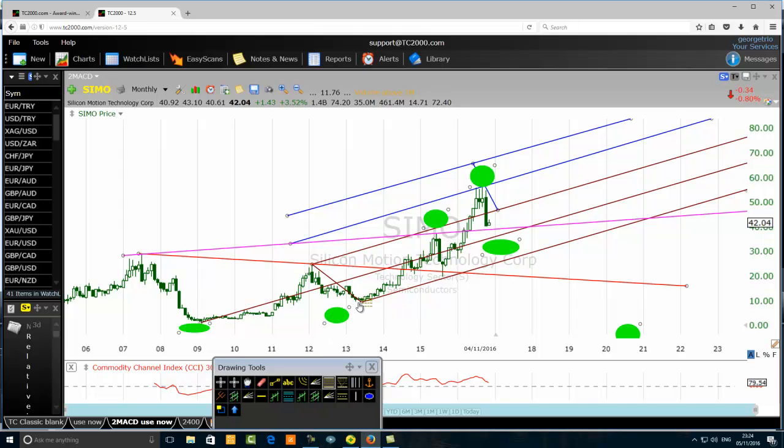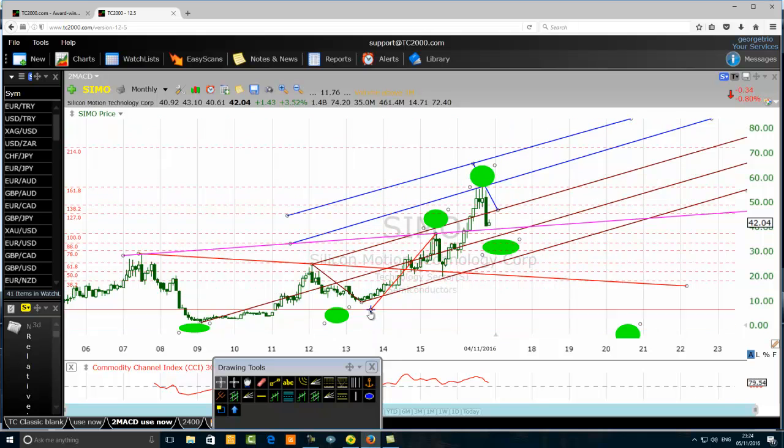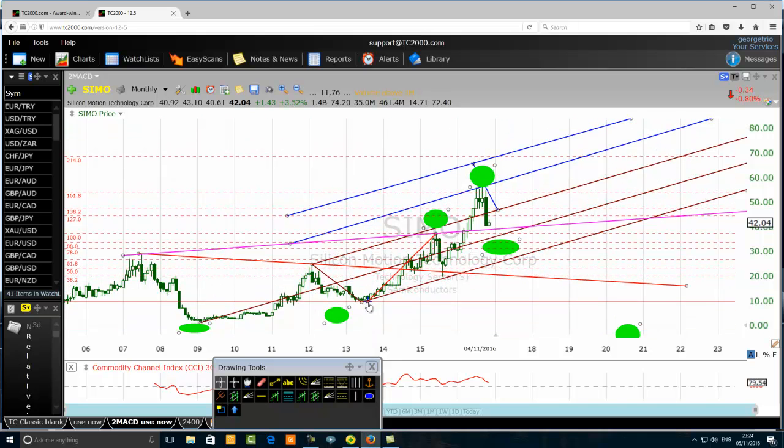Look carefully, my friend. Here it is. And look at this level. The price went to the 161.8% Fibonacci.